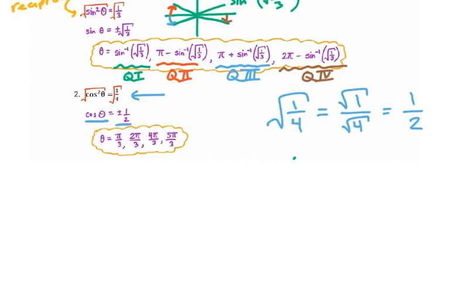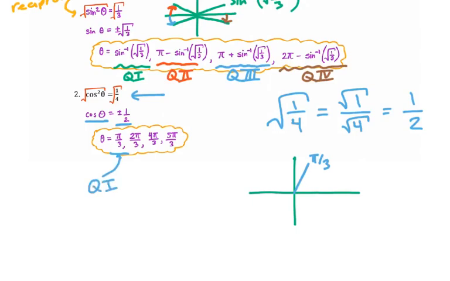Now, this is going to be a special angle, so if I think about the coordinate plane for this one, we're looking at where on the unit circle the x-coordinate would be either plus or minus 1/2. One location would be in quadrant 1 at an angle of pi over 3. So our first solution here is a quadrant 1 solution.